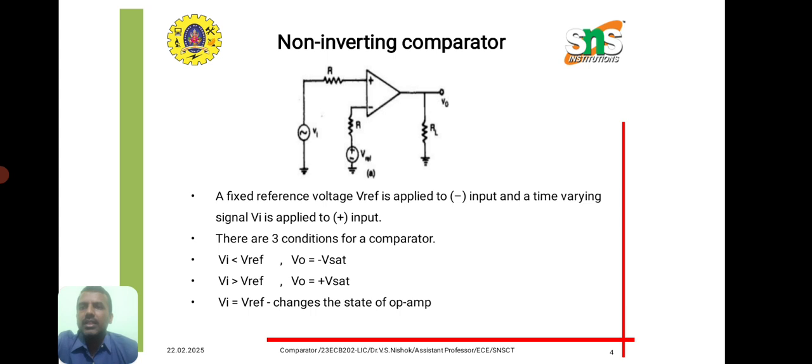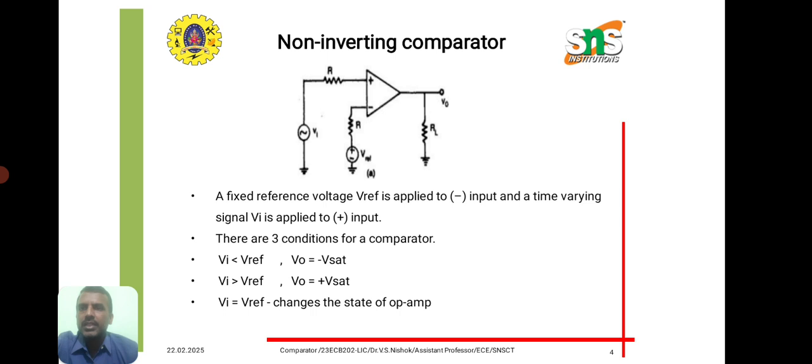Here the output is determined based on two main conditions. Since Vi is connected to the non-inverting terminal and V reference is connected to the inverting terminal, the first condition is Vi less than V reference, then the output V0 will be equal to minus Vsat.